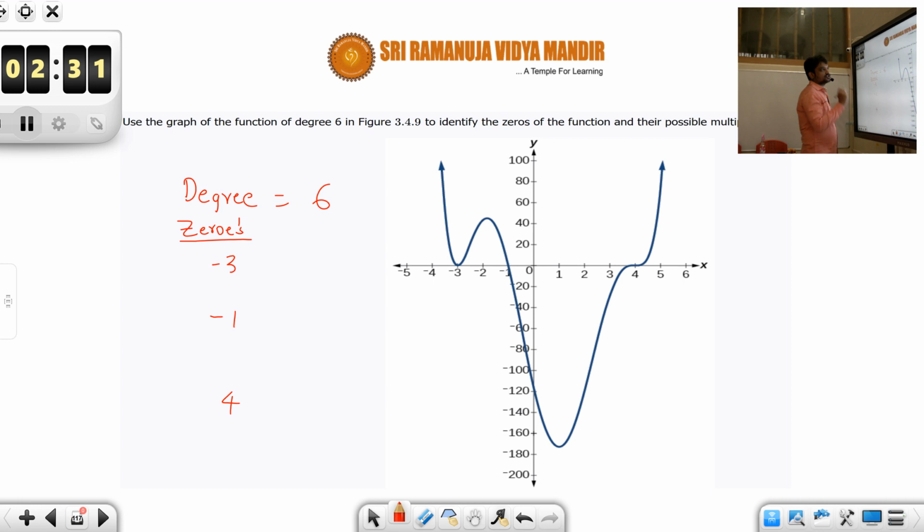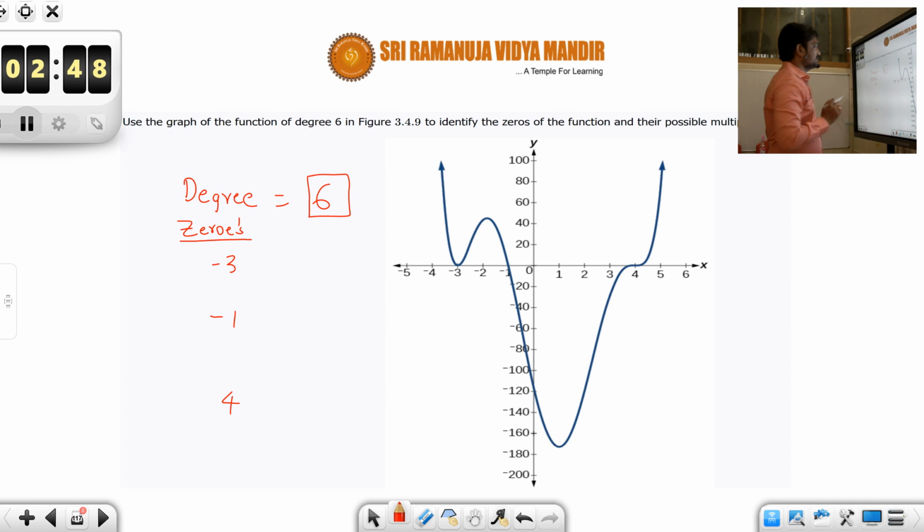But remember, the degree of the polynomial is 6, so the multiplicities will not exceed 6. If you add all the multiplicities of the zeros, they should not exceed 6. Now look at the behavior of the graph at the zeros.